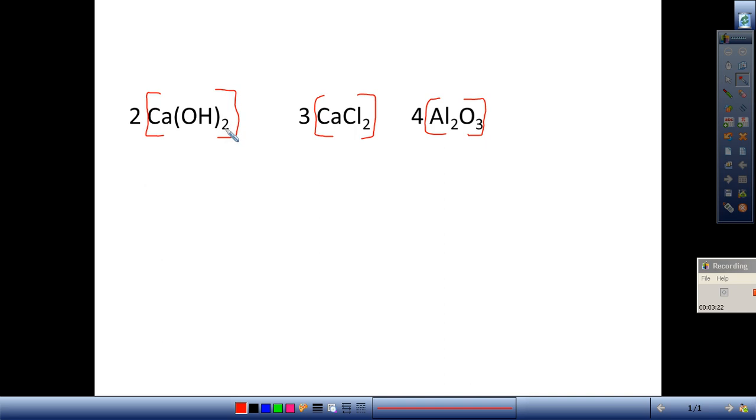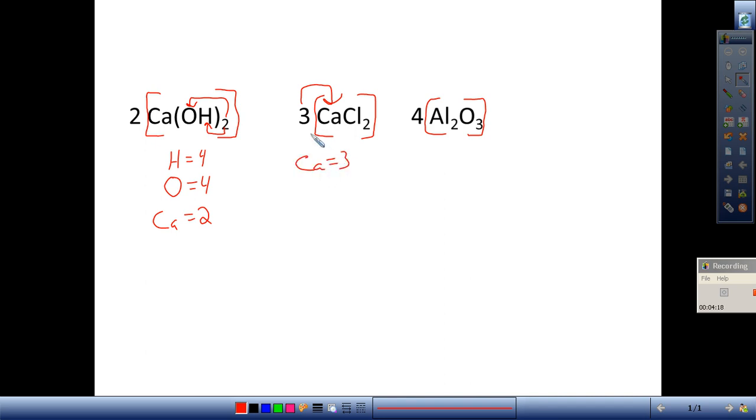All right, so let's count this. Well, we just said the 2 doubles this, and the 2 doubles that. And my 2 doubles this, and this 2 doubles that. So I have 4. Okay, that 2 only goes to the inside, but then I have 2 Cas. All right, over here it's a little more straightforward. My 3, I triple that.